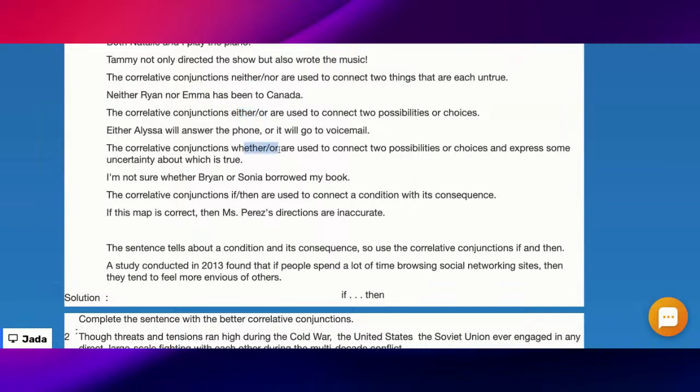Whether or is used to connect possibilities or choices and express uncertainty. And if then connects a condition with its consequences. So I hope you guys remember them.